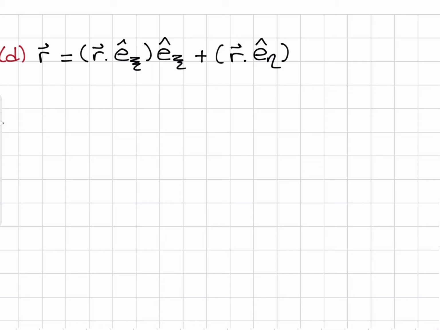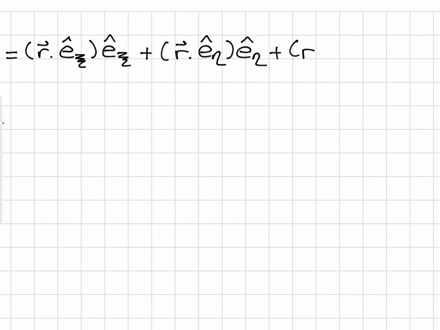The position vector R is going to have a component on the unit vector xi hat, and that's going to be in xi hat direction, plus we will have a component on e eta hat, it's in e eta hat direction, and then we will have a component on e phi hat, and that's going to be in e phi hat direction.